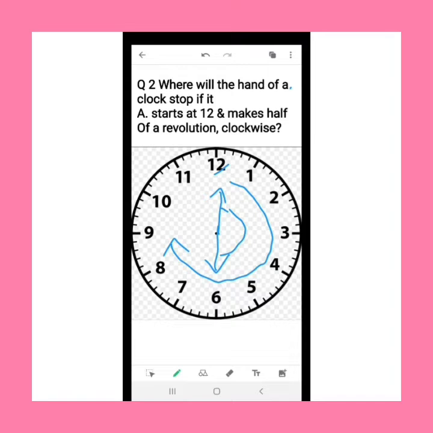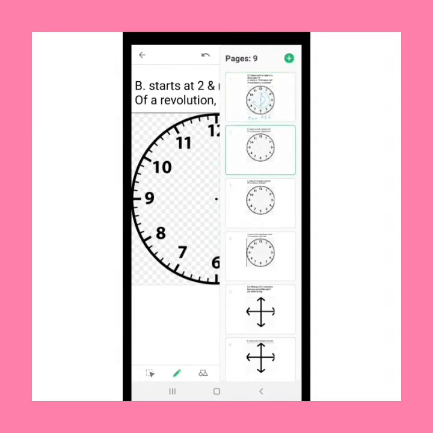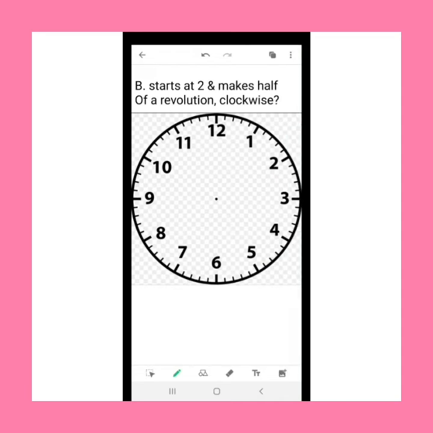So it is asking where the hand of the clock will stop. The answer you will write is: at 6. I hope it is clear to you all. Next, if it starts at 2, meaning the hour hand is on 2, and makes half of a revolution clockwise.